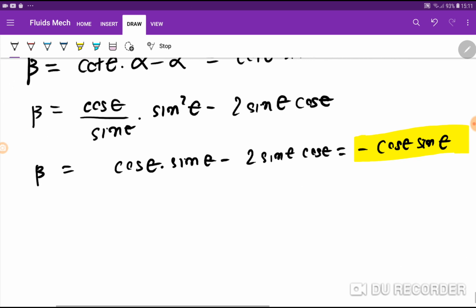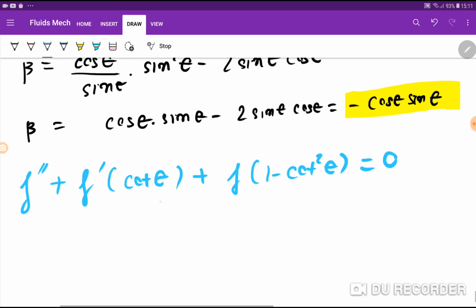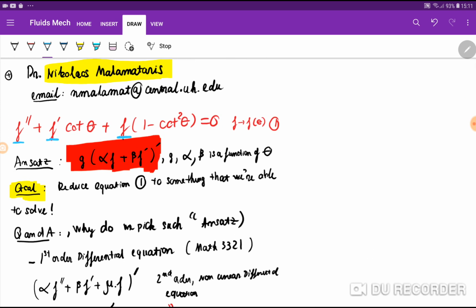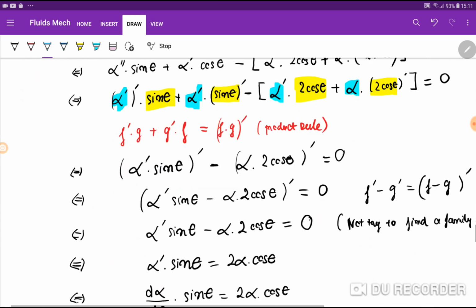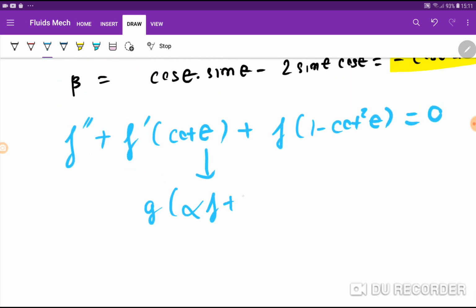Remember the original goal is we transfer this differential equation to g times alpha f plus beta f prime, right?